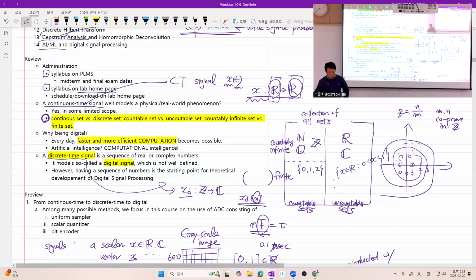By the way, what's the difference between discrete time signal and digital signal? I asked you last time, and I just mentioned some, and I'm going to talk more about that. The problem is that digital signal is defined differently by different professors in different areas. So there is no single universally agreed definition of a digital signal.